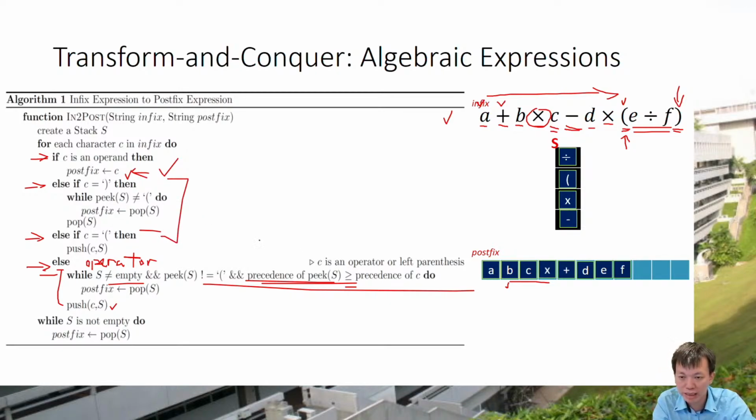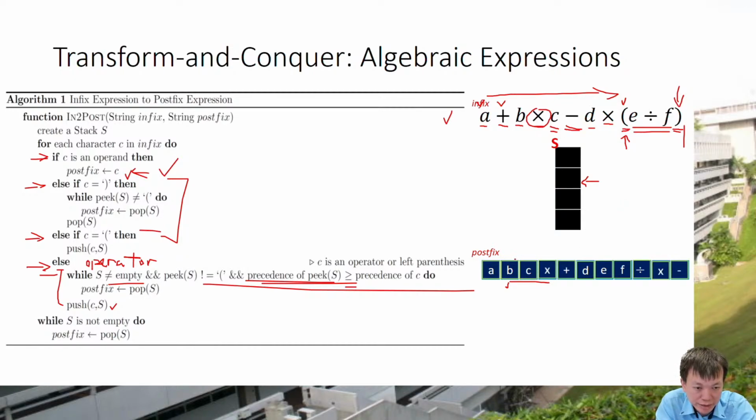Basically, this one will keep popping all the operators until it encounters the open parenthesis, and then discards it. Then after that, when finished with no more input, whatever remains in the stack will pop out. You should not be surprised if you use the evaluation from just now.